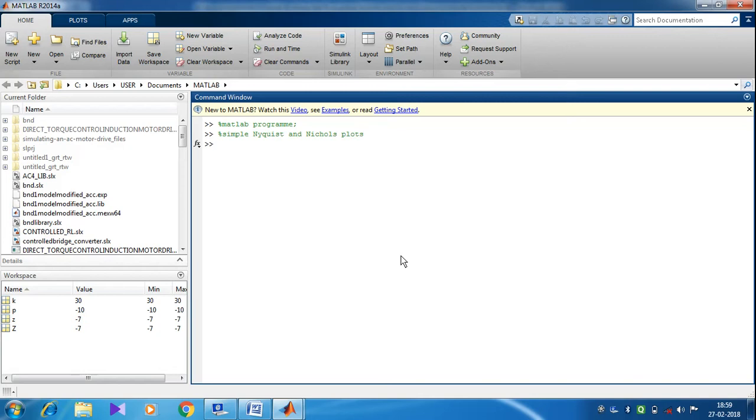Then we start the program. At first you have to write the program for zeros.